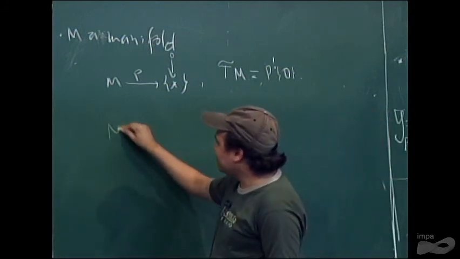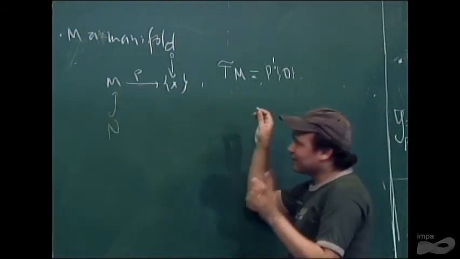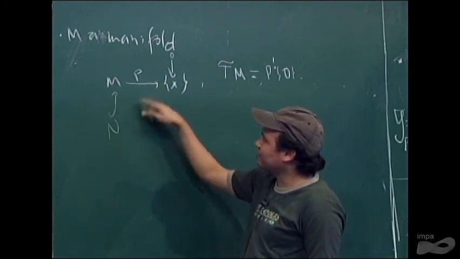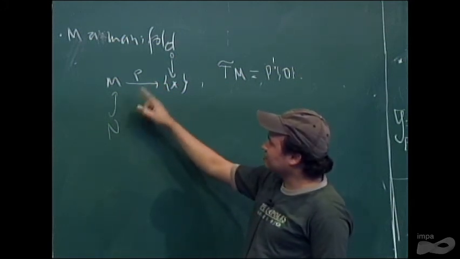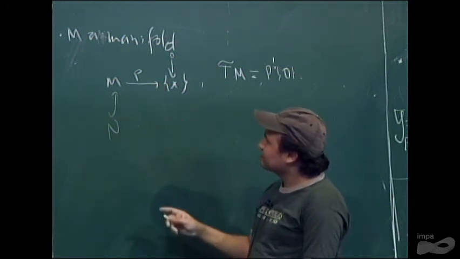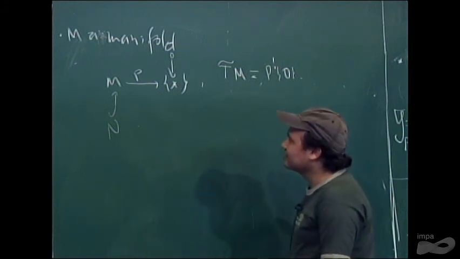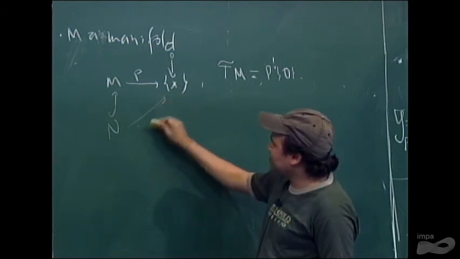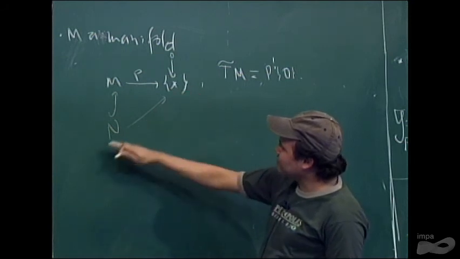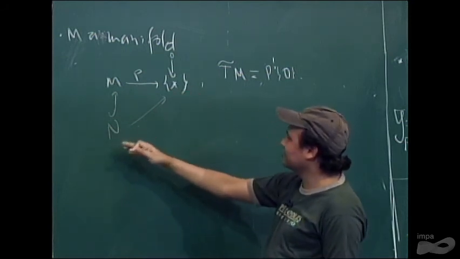If you have a good pullback, where the pullback of a composition is the composition of the pullbacks, then if you consider the projection and calculate the pullback, this also has to be this tangent space.